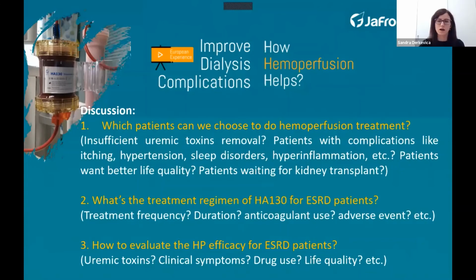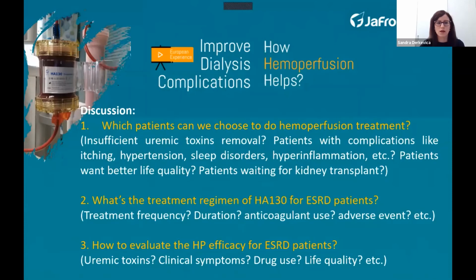In our practice with hemoperfusion 2 times a month, we didn't get improvement for pruritus, but for other patients with insufficient Kt/V and high PTH, there was improvement with 2 times a month hemoperfusion treatment during 6 months.